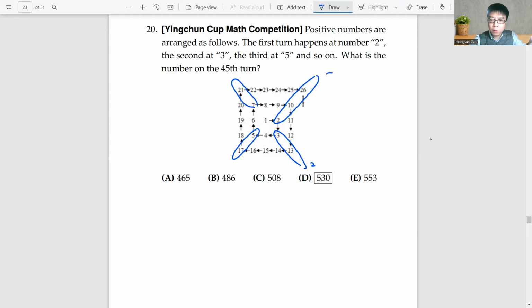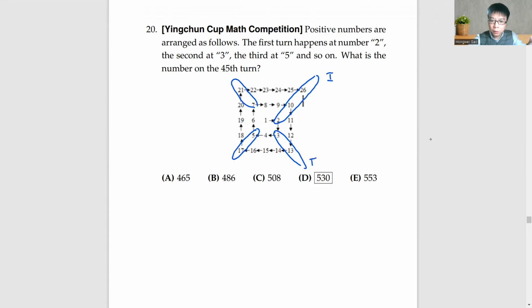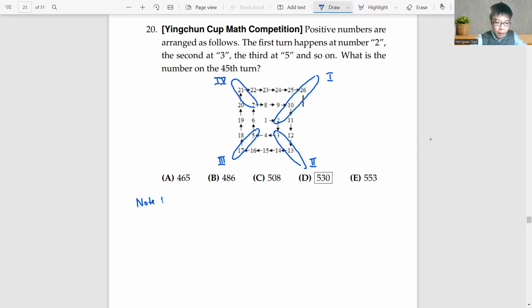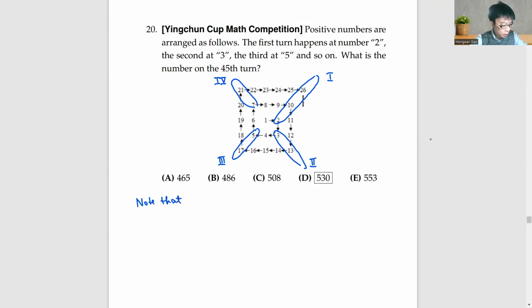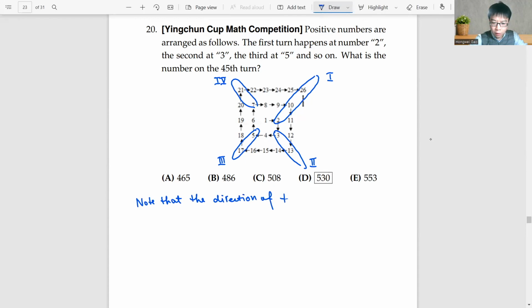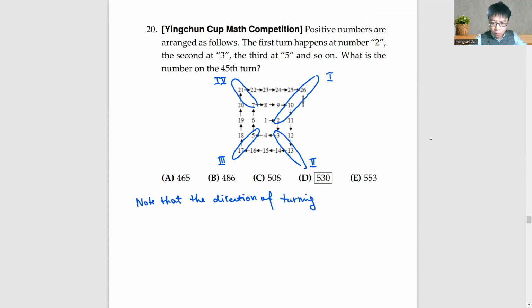Let me mark the direction. 1, 2, 3, 4. So the direction of turning is a 4 cycle. That means after 4 times, it goes to the same direction again.